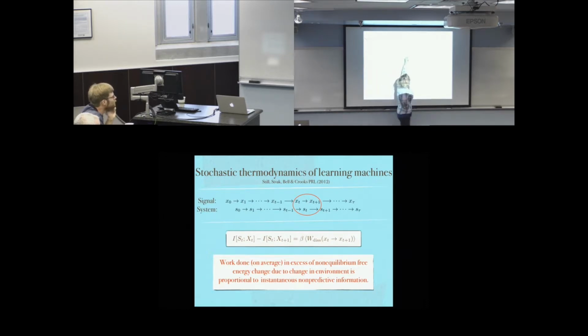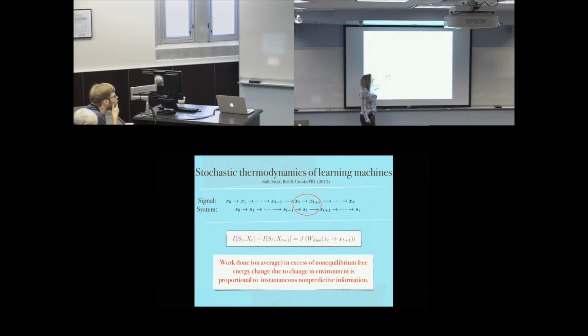Work is being done by the environment on the system whenever x changes, and heat gets exchanged with the environment whenever s changes. If you focus on just one of these little work steps, it's really easy to show that the non-predictive information, which is the memory that the system has about what has just happened in the environment, minus the instantaneous predictive power that the system has, those are regular Shannon mutual informations, which thankfully you introduced in your first talk.